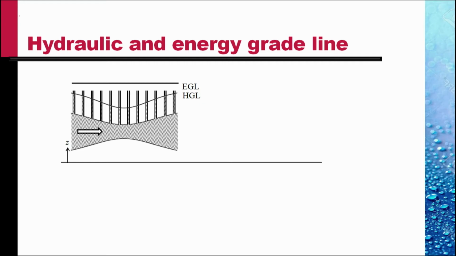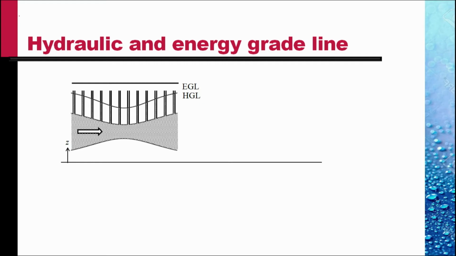There is another concept, the energy grade line, which is shown horizontal, constant across this section, because there are no losses and there is no shaft work done. So the Bernoulli equation would require that the total energy, the kinetic plus potential plus the pressure, would be constant.